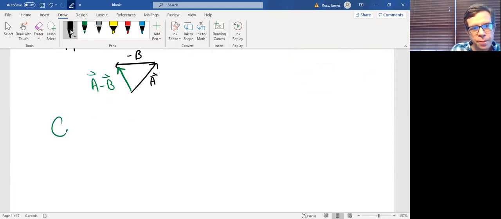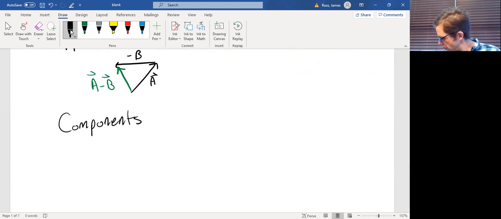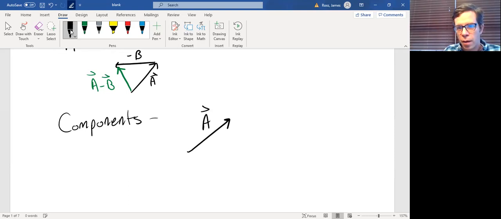Oops, wrong color. So we already talked a little bit about components when I was talking in the coordinate system section. So we have an idea of what components are. If I have my vector A and I have my vector B, I'm going to stick with the same two here.